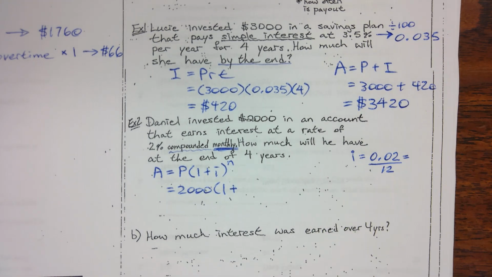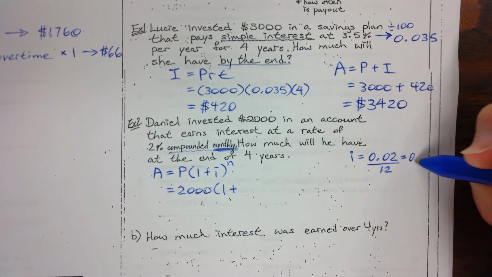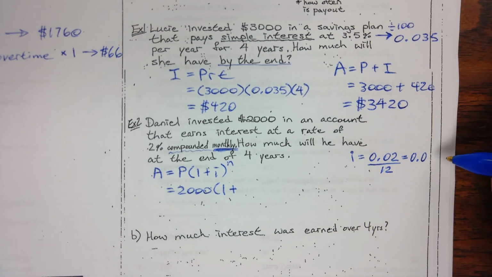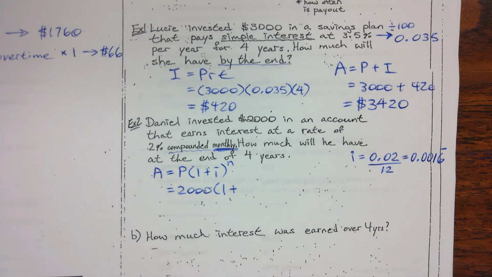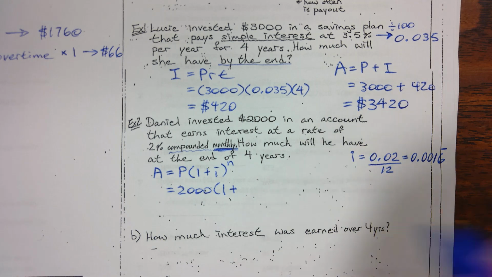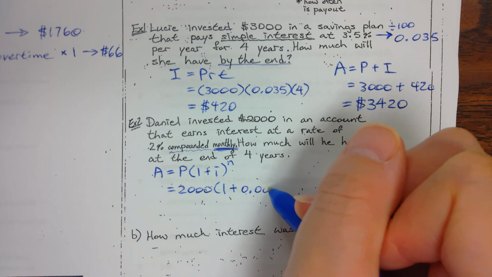Okay, and I get 0.02 divided by 12. Each month I'm getting 0.0016. Okay, I'm getting dollars? No, percent, the rate. Yeah, that's terrible. 0.0016.